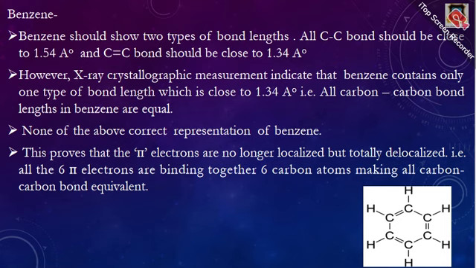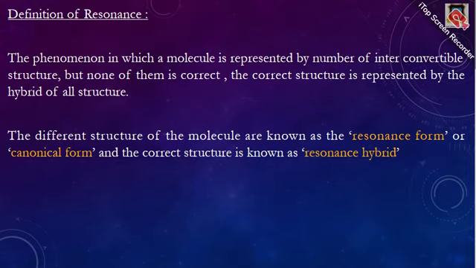The X-ray crystallographic measurement indicates that benzene contains only one type of bond length, close to 1.34 angstrom, that is, all carbon-carbon bond lengths in benzene are equal. None of the above is a correct representation of benzene. Therefore, this proves that the pi electrons are not localized but totally delocalized. All 6 pi electrons bind together the 6 carbon atoms, making all carbon-carbon bonds equivalent.